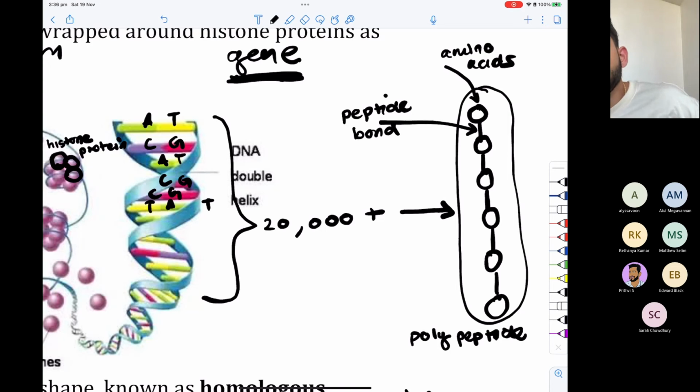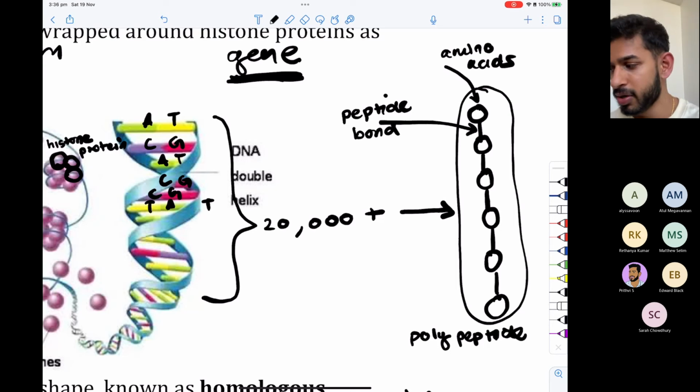Now you might be wondering, what's the relationship between a protein and a polypeptide? Does anyone know? Polypeptides are just packaged proteins. Yes, yes. The only addition I would say is that a protein is made up of one or more polypeptides.